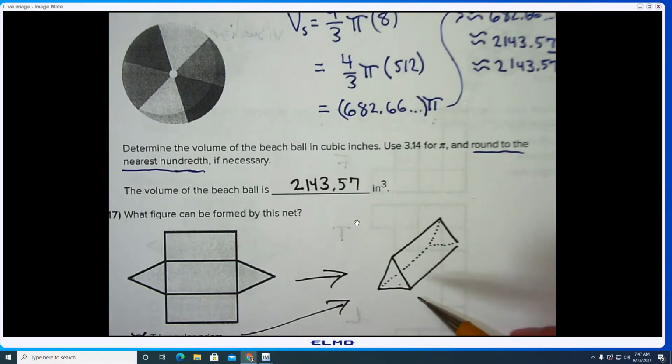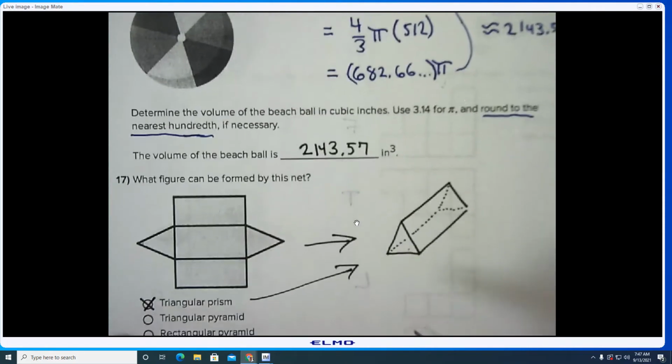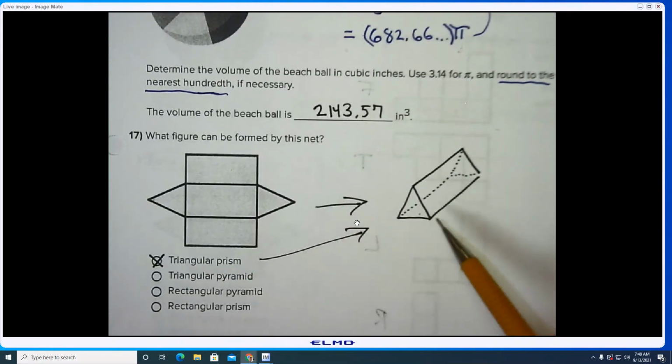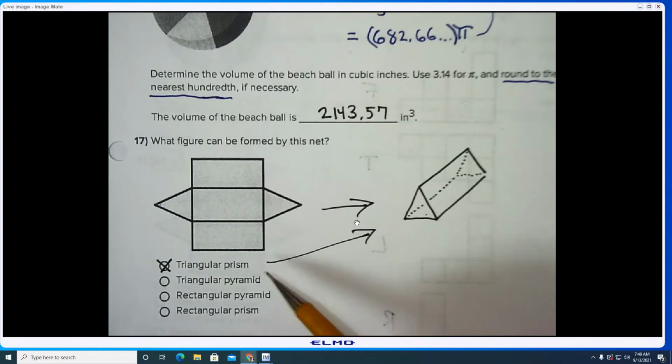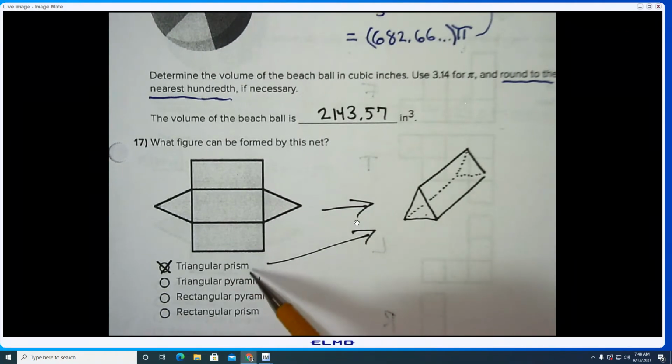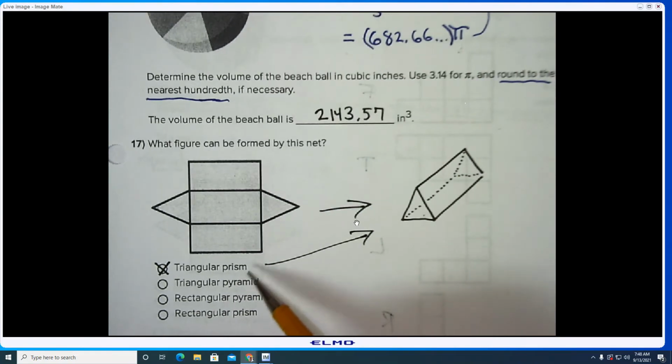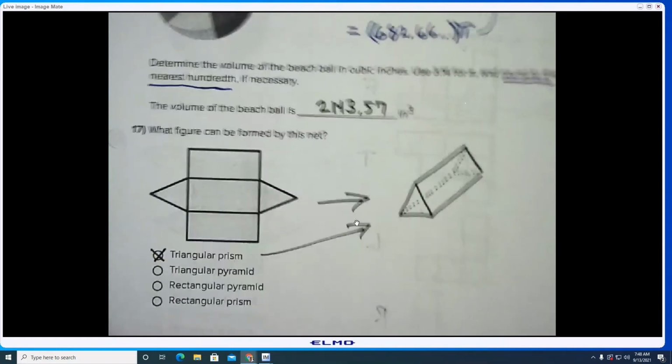This comes from experience. There's no easy way. We just have to practice the types of shapes and get used to them. And then same thing for these, getting used to the vocabulary. This shape matches the triangular prism vocabulary. We had a triangular prism a few problems ago.